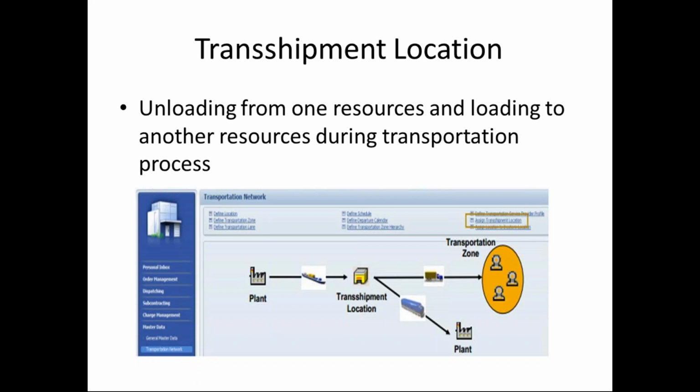Conceptually, it is only for identifying the transshipment locations, but it doesn't have much impact whether we use it or not. It is used to identify from which mode to which mode the goods have transferred. That's all.